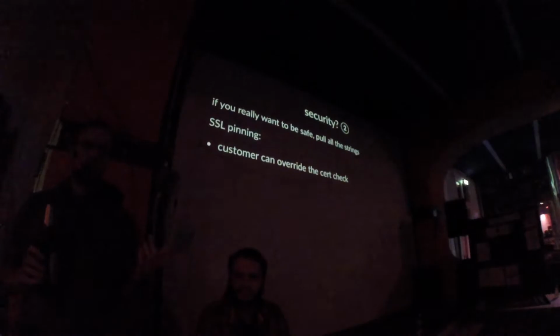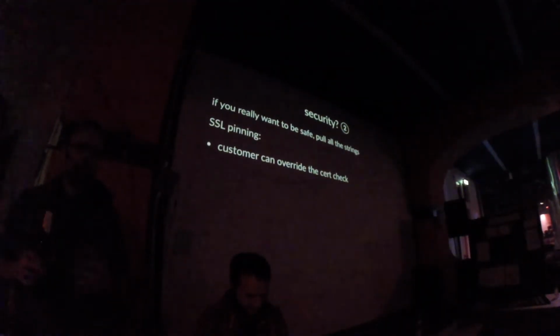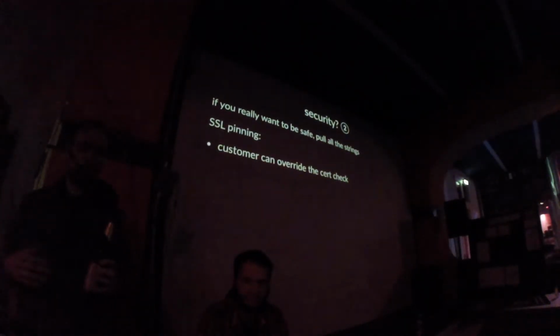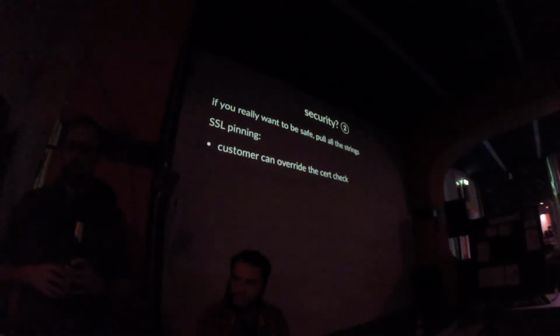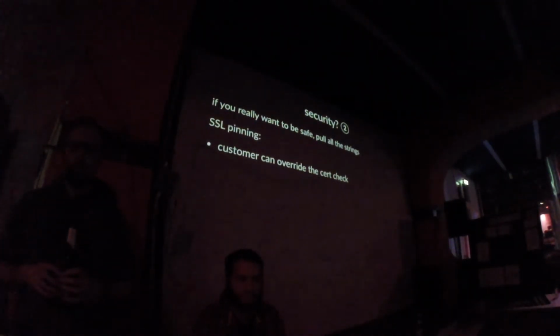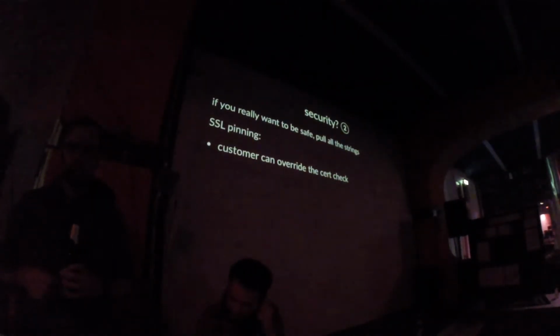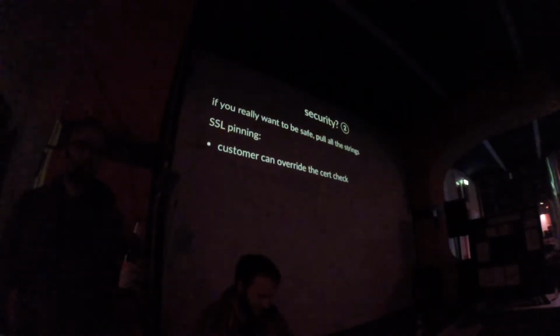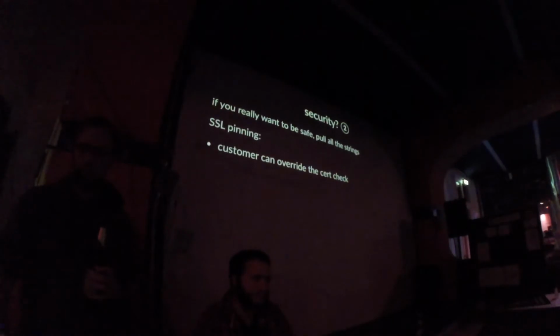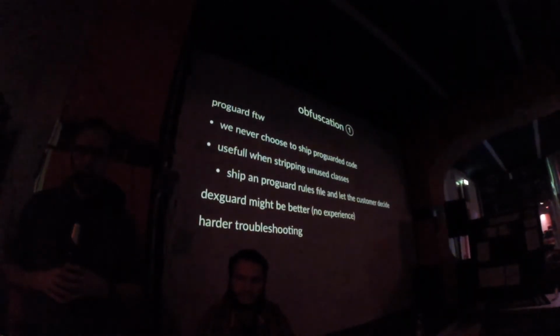For instance, on SSL pinning, we don't have SSL pinning integrated on purpose, because our customers have to trust us, and then they could override our certificate check if they wanted to. Plus, if our certificate changes, then they would have to update the app and it might break. So even simple security measures you can question when you integrate them.